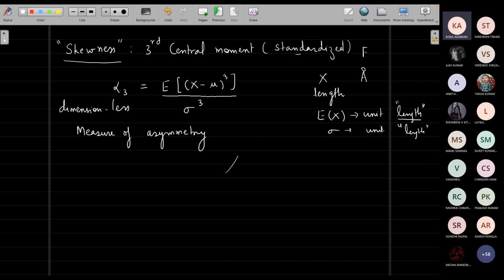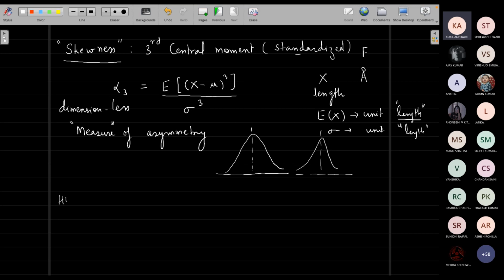Now when I am saying asymmetry, it is something like this. If a distribution like this looks perfectly symmetric, then a distribution like this doesn't look perfectly symmetric. But we define the coefficient of this measure in such a way that it should not be dependent on any unit. And that is the reason why we divide it by sigma cube. So that's what we call the measure of asymmetry.